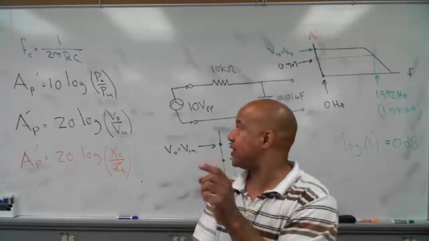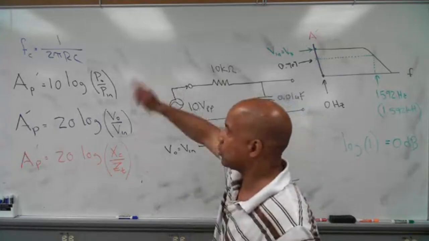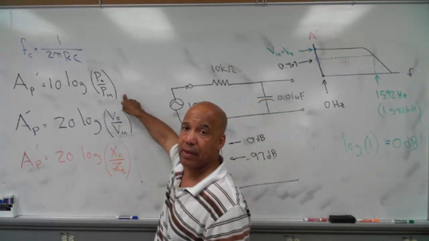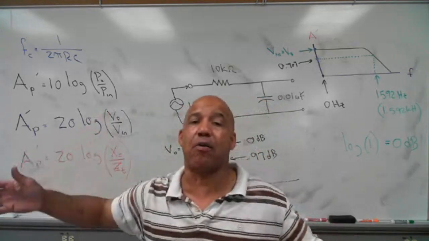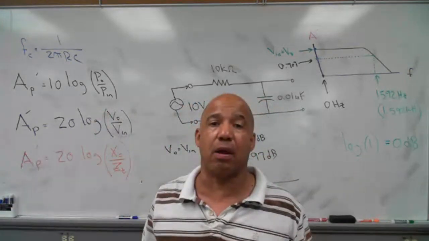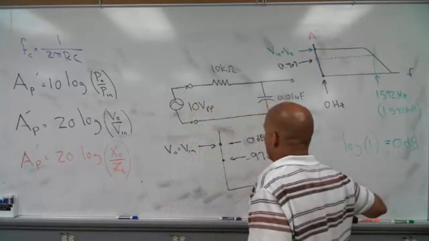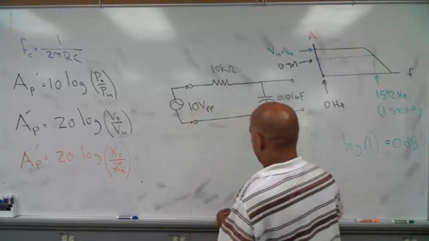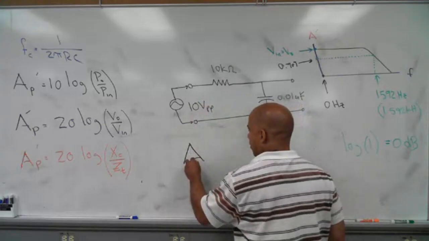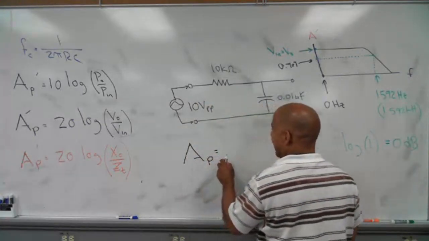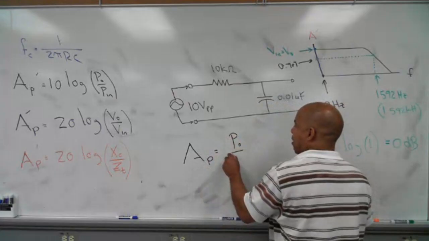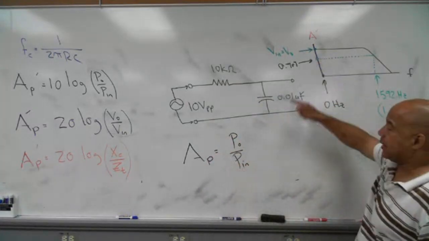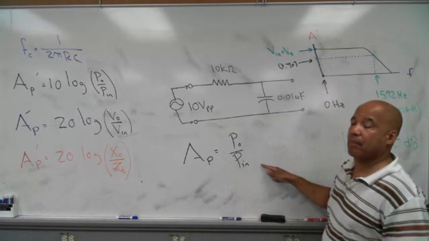So what you could do is this. In my tools over here, I can go right here. The power gain. Now I haven't calculated any powers. I don't know what the powers are. All I know for my power gain is that P out over P in, all I know is at that point that ratio is equal to what?